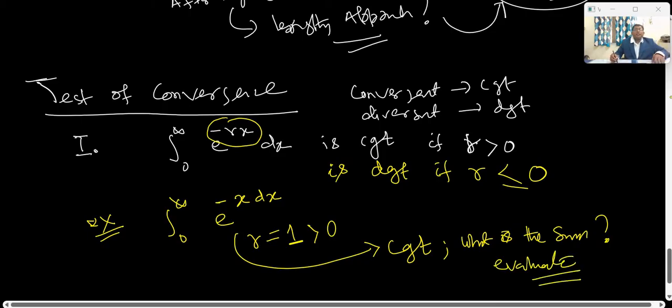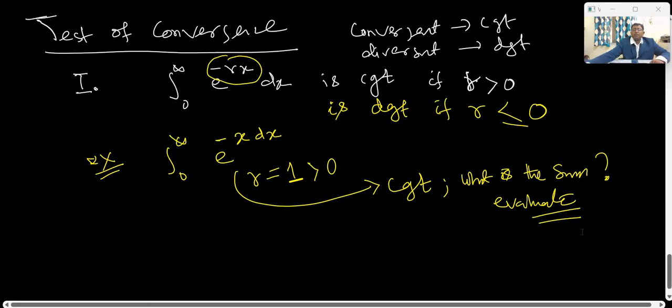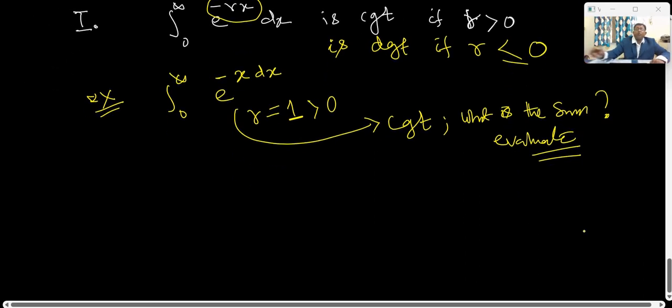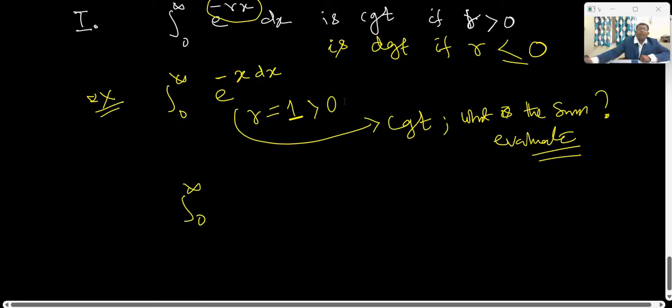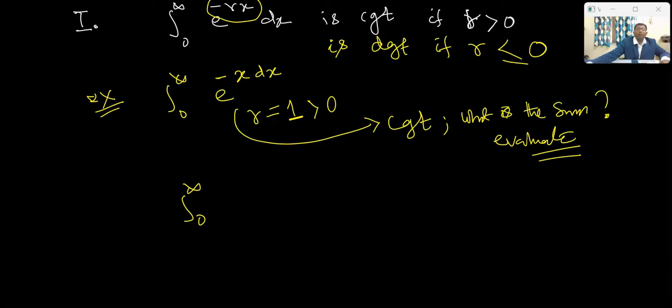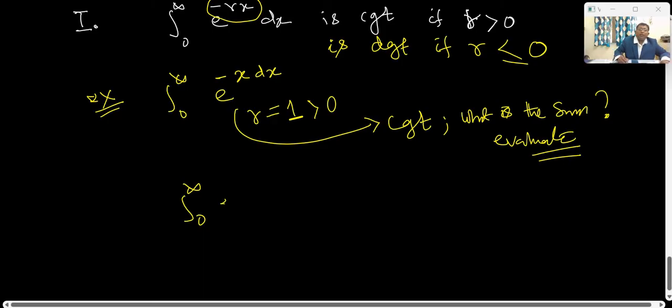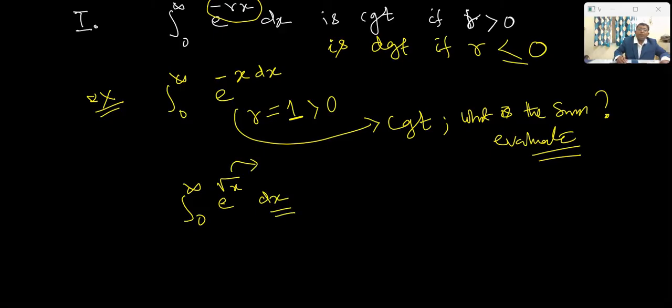If it is asked to just go for the test of convergence, then we need not evaluate the details. If I ask the integral 0 to infinity e to the power root x dx, and you compare it with minus r into x, then r is minus half, which is less than 0, so it is divergent.